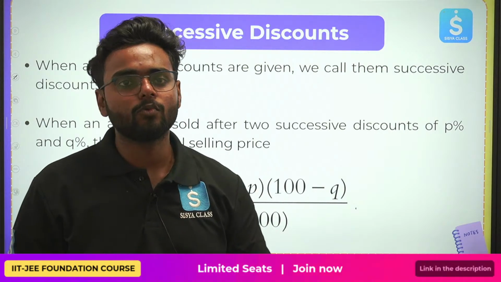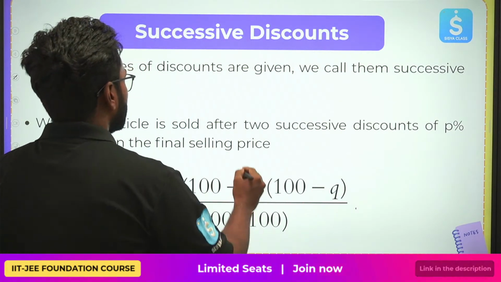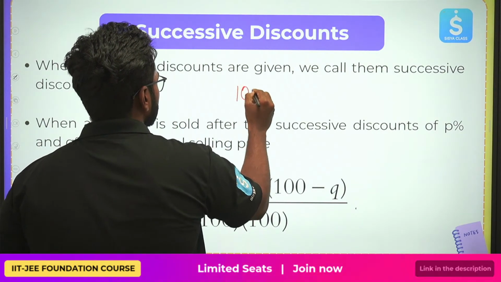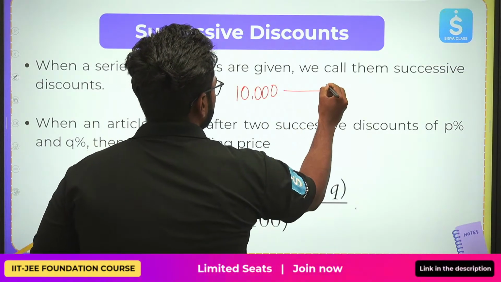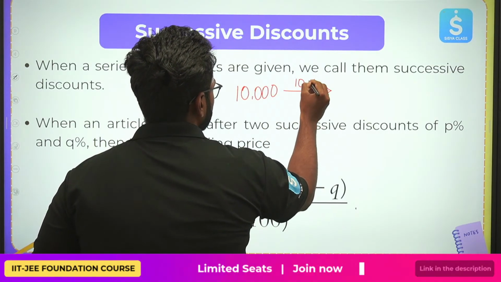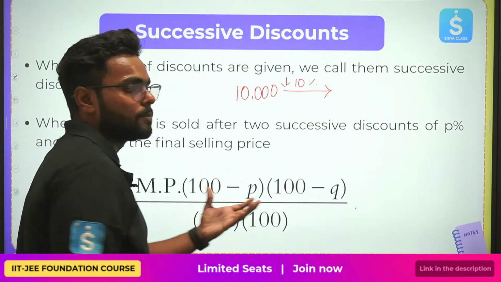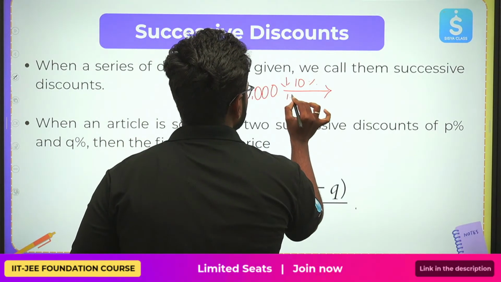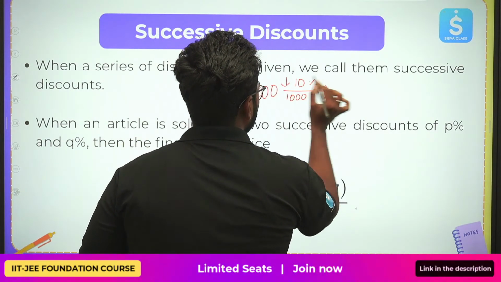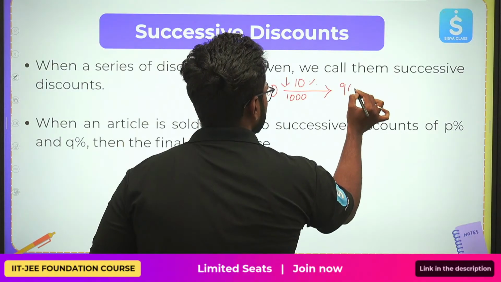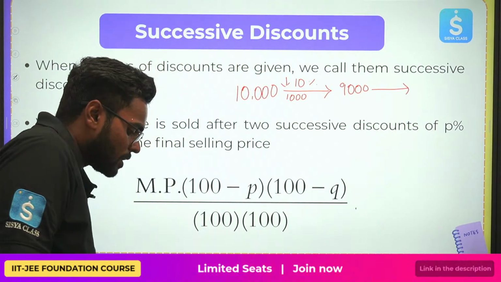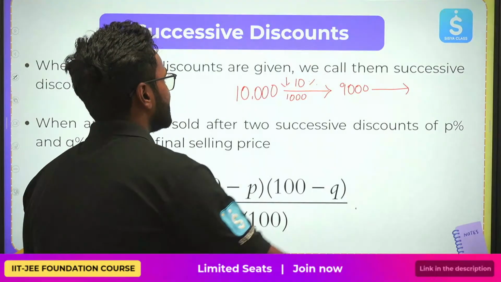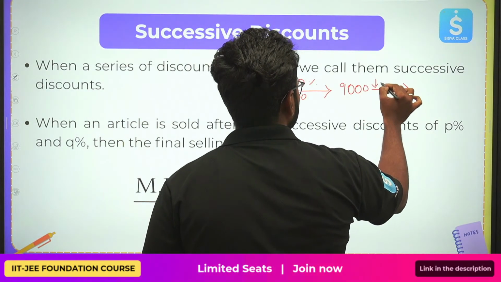So the final amount would be, let me say, the initial price of the component is 10,000. If they're giving 10% discount, you would be getting 1,000 rupees discount. So the product would become 9,000. And they are again offering some early bird offer or something of that sort, 10% more discount.